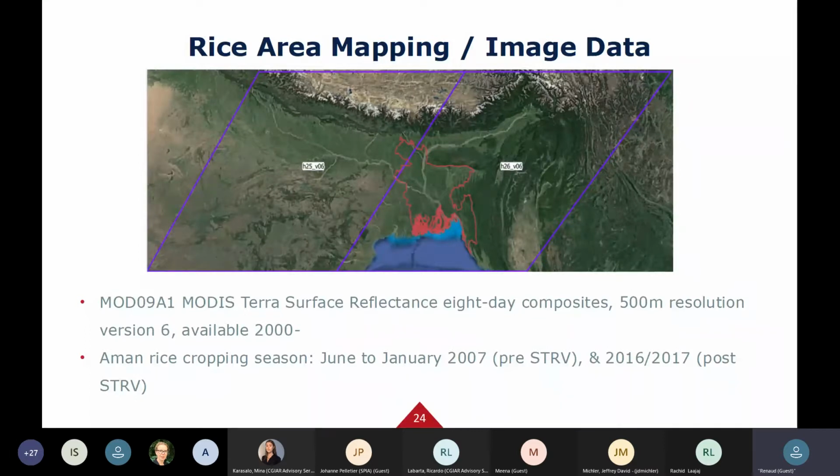The first year that we worked on was 2007, from June to January, which corresponds to the Aman rice ccropping season. This was the reference year pre-dissemination of STRVs. And we used 2 years post, 2010-11, when the seeds were introduced, as a post-STRV exercise.